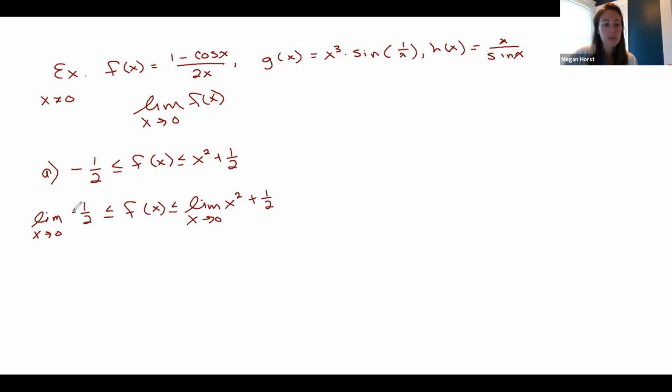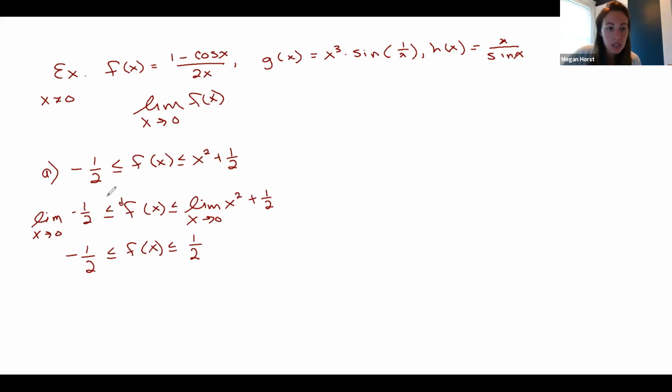So notice when I substitute in 0 here, there's no x value. So I'm just going to get a negative 1/2 out. And when I substitute in 0 here, I get a positive 1/2. Notice that negative 1/2 and positive 1/2 don't equal each other. There's an infinite number of values between negative 1/2 and positive 1/2 that f of x could be.